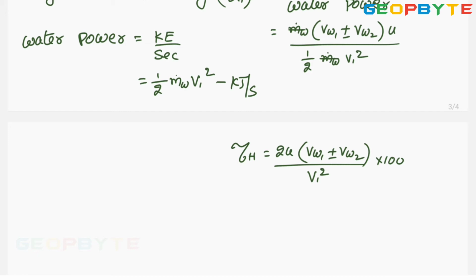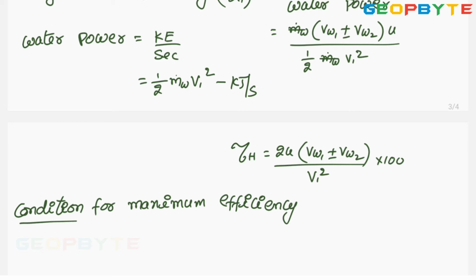Now, condition for maximum efficiency. As we know, though the jet is hitting the plate, until the machine friction is overcome, the blade cannot move away.